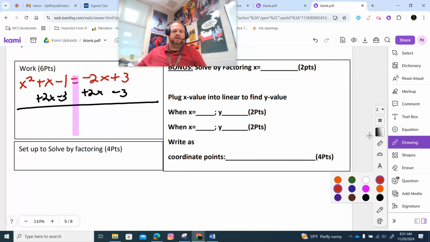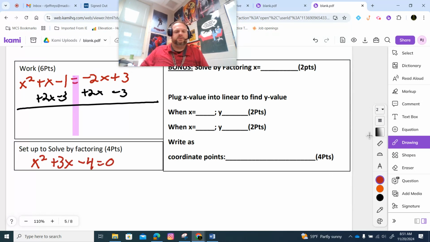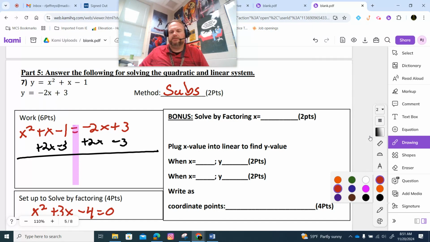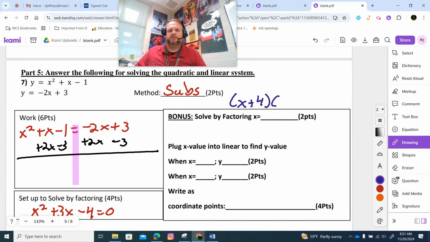All right, x squared plus 3x minus 4 equals 0. In my class, that's all I'm requiring. Now, over here, we should know this is going to be plus 4, x minus 1. Solve by factoring, so this is negative 4 and positive 1.